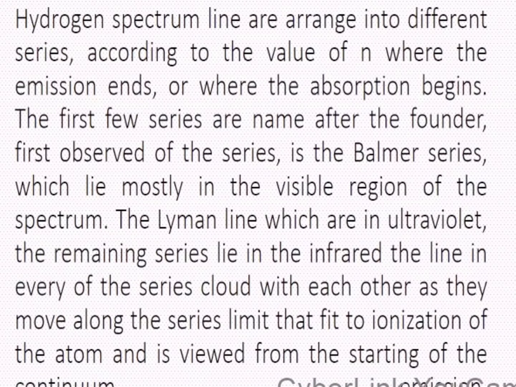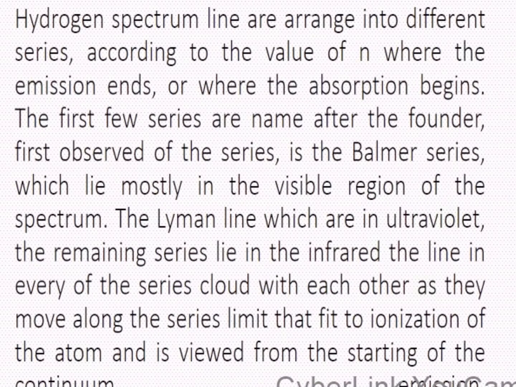Hydrogen spectrum lines are arranged into different series according to the value of n where the emissions end or where the absorption begins. The first few series are named after the person who first observed them. The Balmer series lies mostly in the visible region of the spectrum.